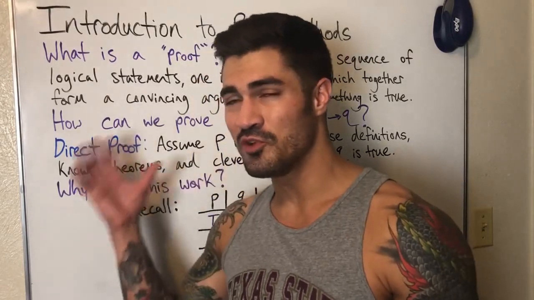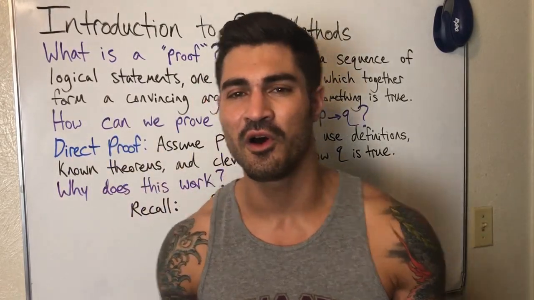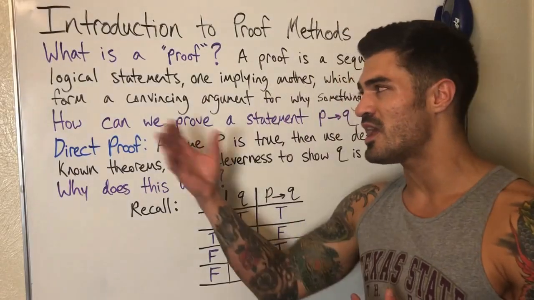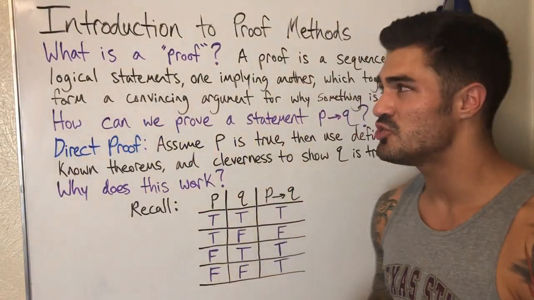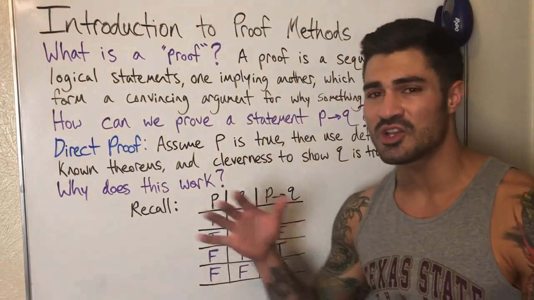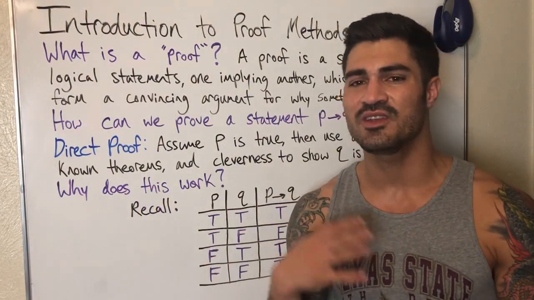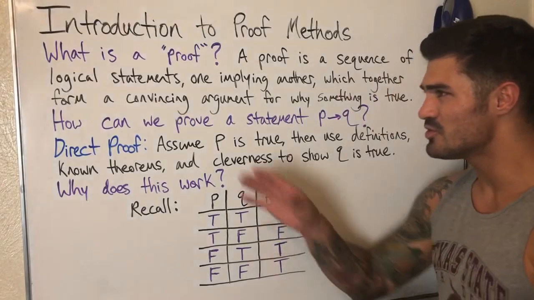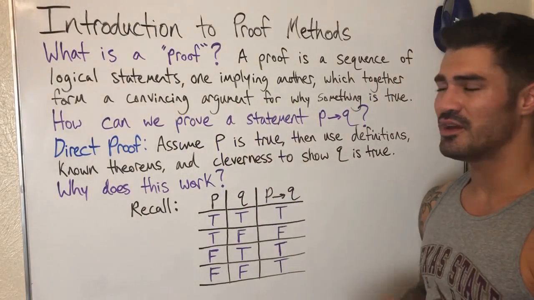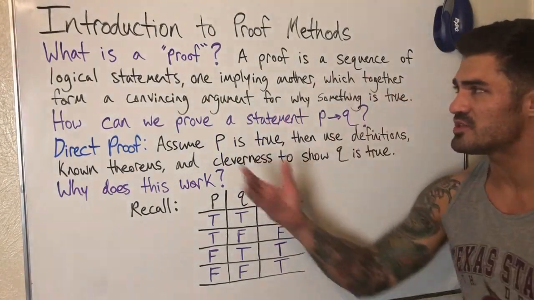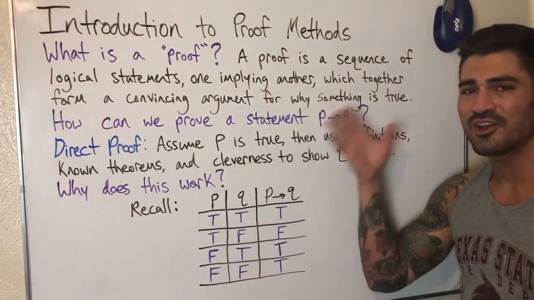So when we do proofs in math, it's not that far off from that definition, right? We're still forming a convincing argument. We just do it using a sequence of statements. It's very formal. It's very precise. Everything is written out, right? So same general idea, but a little different, okay? A proof is a sequence of logical statements, one implying another.